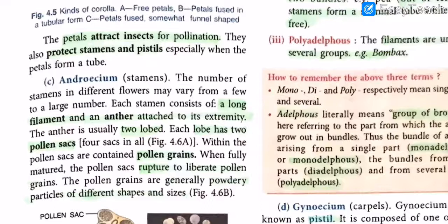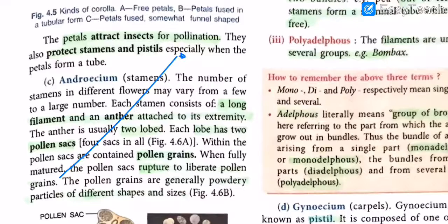Okay. Now, each stamen consists of a long, thread-like structure called the filament, and the anther, which is attached to its extremity. The anther is usually two-lobed, as I said. Each lobe has pollen sacs. So the stamen consists of a long thread-like structure called the filament, just like this.